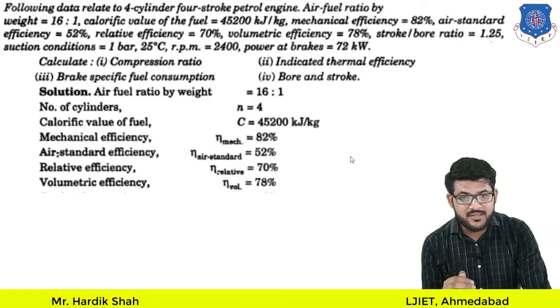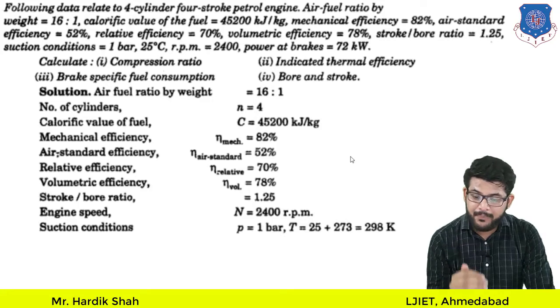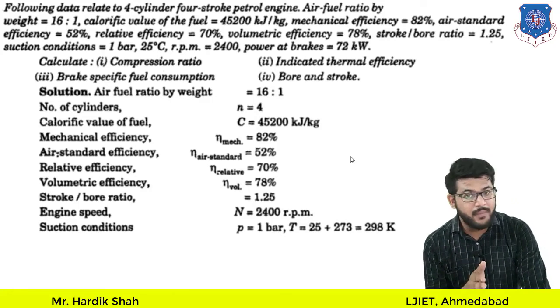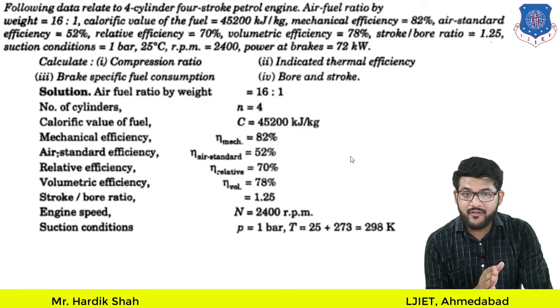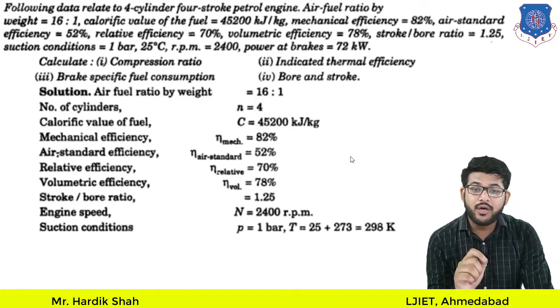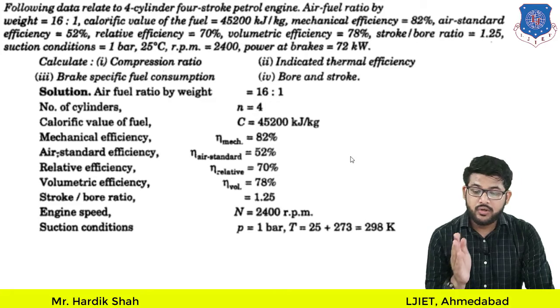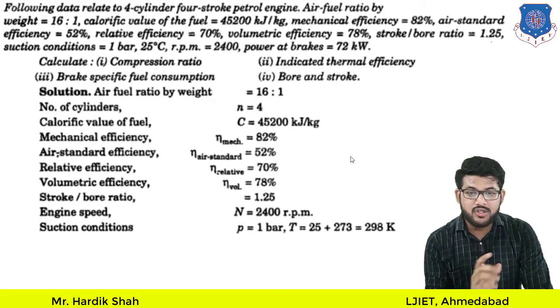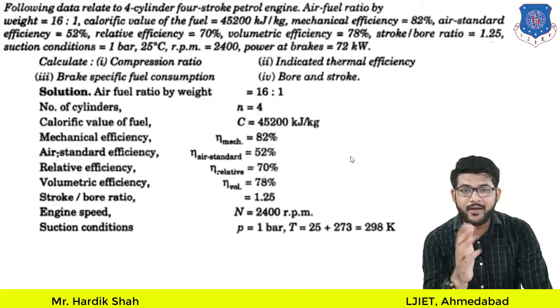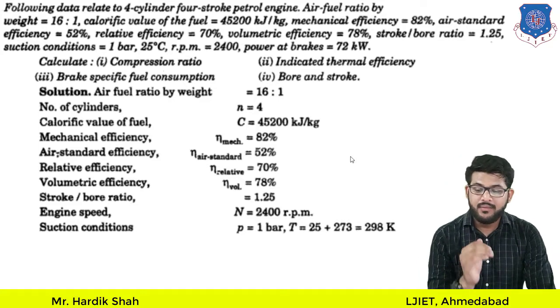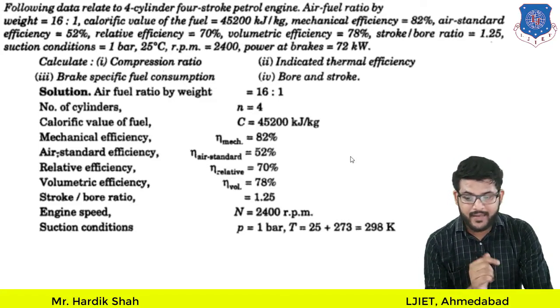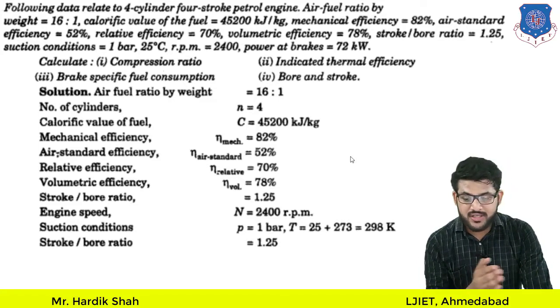Thereafter all the efficiencies, RPM, and pressure of 1 bar at a temperature of 25 degree centigrade. We need to convert it into Kelvin because we are following the standard rules, so the temperature will be 298 Kelvin. Thereafter the stroke to bore ratio and brake power are given.